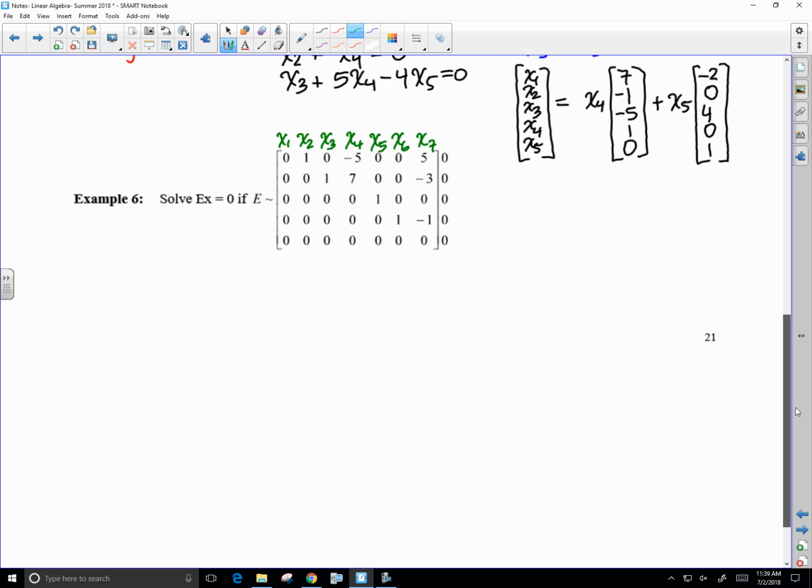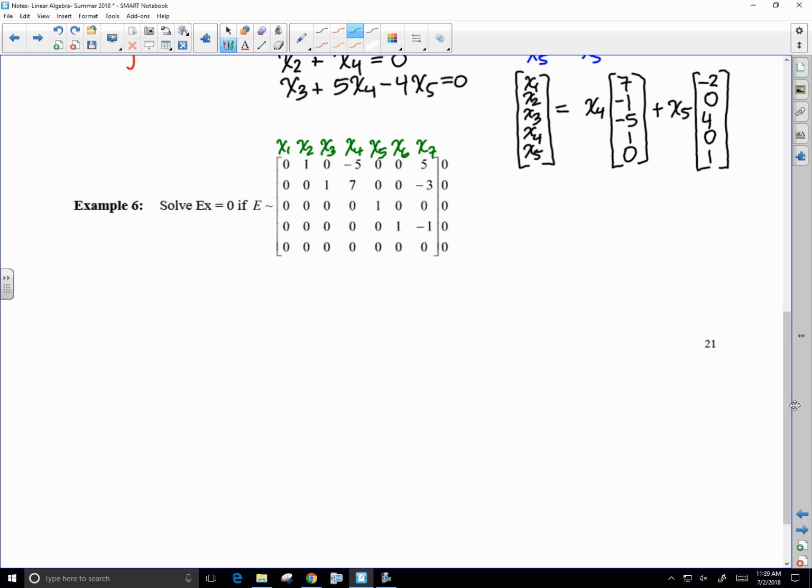All right, so this is definitely a dependent system because we're looking at entries in the x4, x5, basically entries everywhere. All right, so we can isolate what those are. x1 seems to be a free variable. Okay, I don't see a pivot value in the x1 column.